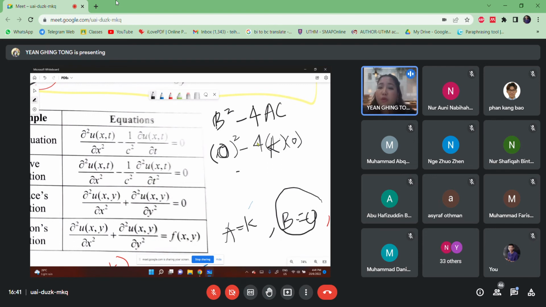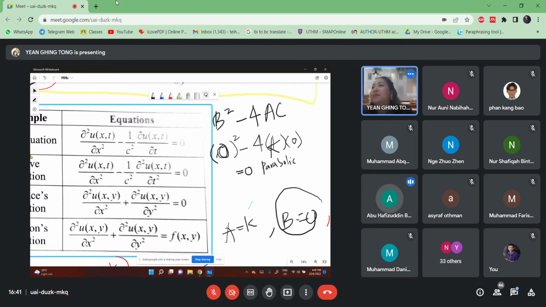That means 0. So we get 0. So that's why this is a parabolic. Parabolic punya PDE. Boleh faham tak? Boleh. Kat mana tak faham? If let's say you do not understand, you let me know which part you do not understand.